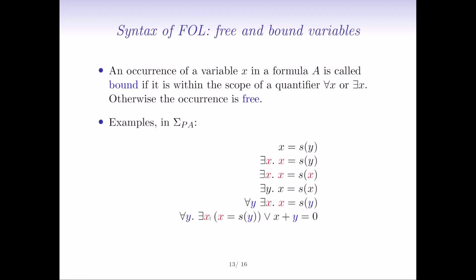Here you'll see that we have exists x, and the scope of this exists x is this formula here, which means that the first occurrence of x, in red, is bound by the quantifier, but this second one isn't. So this formula has two bound occurrences of y, one bound occurrence of x, and one free occurrence of x.